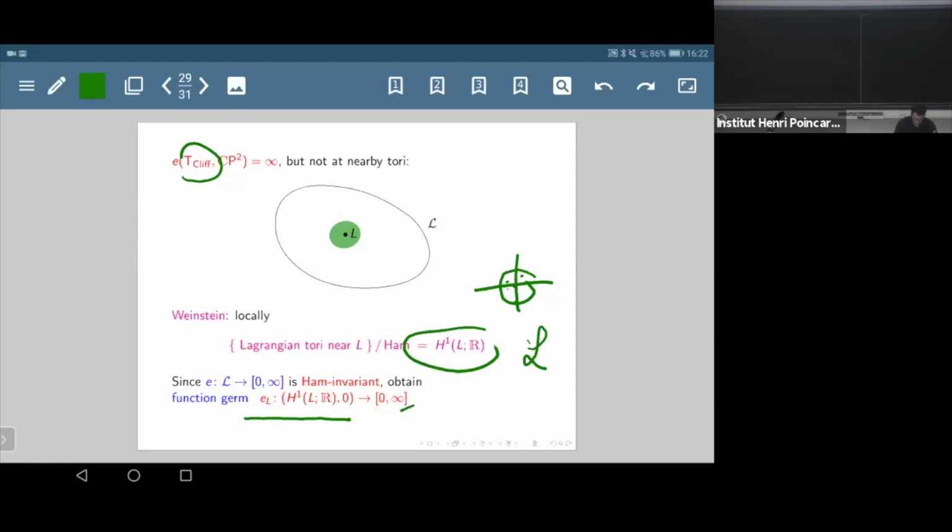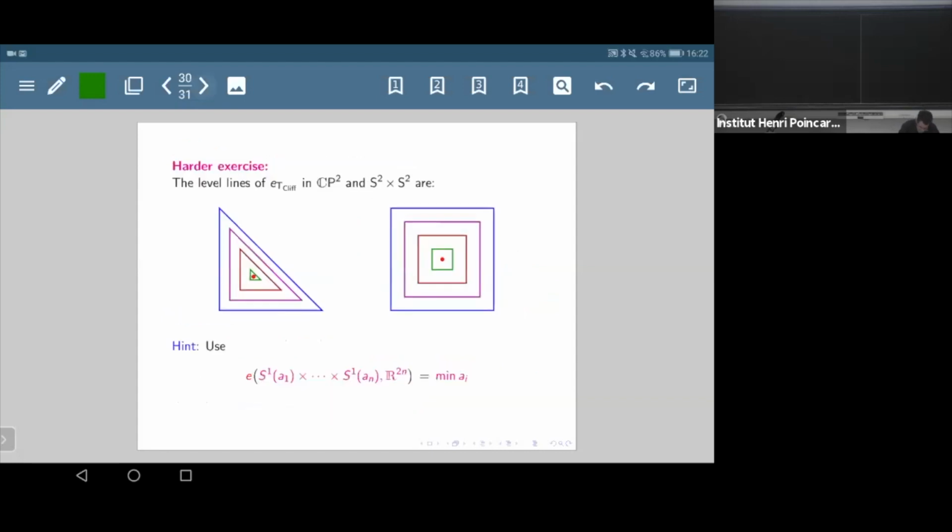And now if two tori are ambiently symplectomorphic, then you choose a basis of H1 and immediately find that these two functions on H1 must be linearly related. If the two tori are the same, there should be a relation of this form.